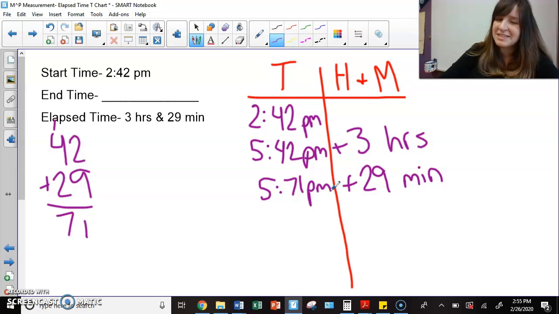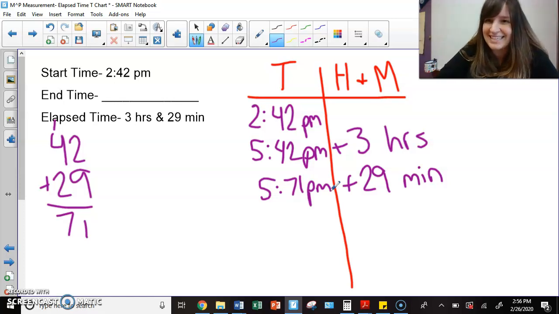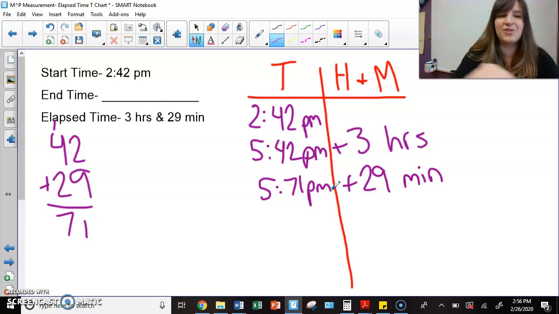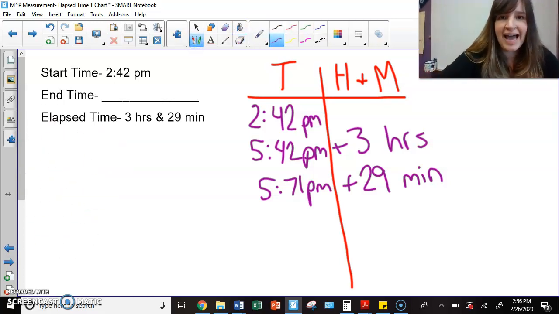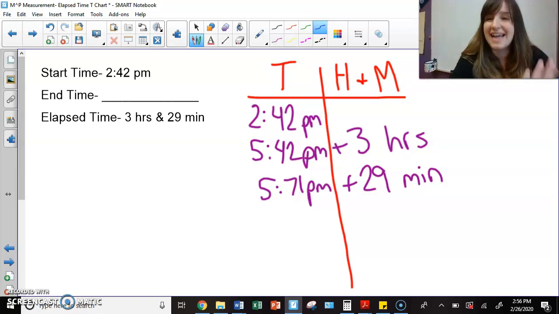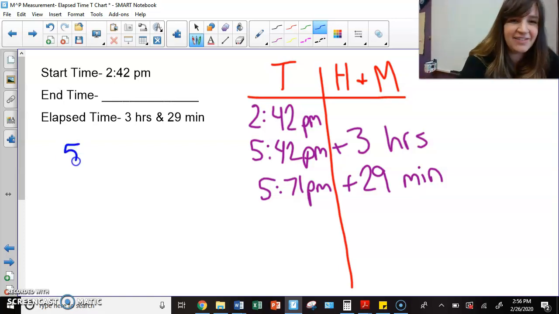And you'd be right, because 5:71 is not how we say it. Because the number in the minute side of my time should be smaller than 60, because there's 60 minutes in an hour. So if there's any more, you have to transfer it over. So what I'm going to do is take 5:71, and over here I'm going to subtract 60 minutes, but I'm going to add an hour.